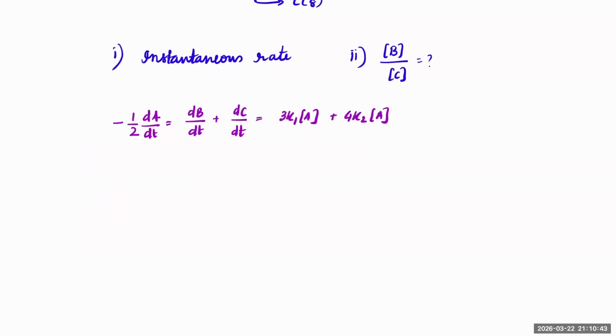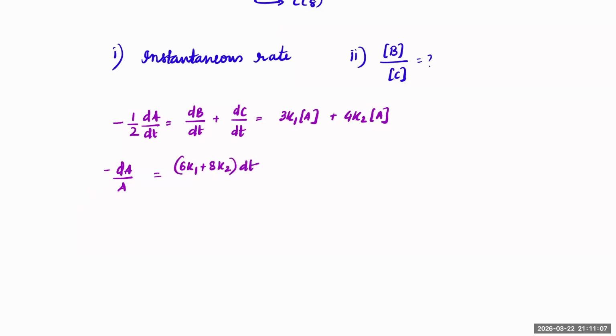Now, if I bring this A to the left hand side and take half to the right hand side, I will get minus dA by A equal to 6 times K1 plus 8 times K2 multiplied by dt.